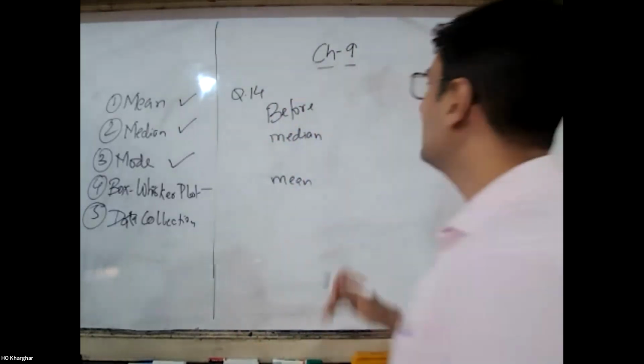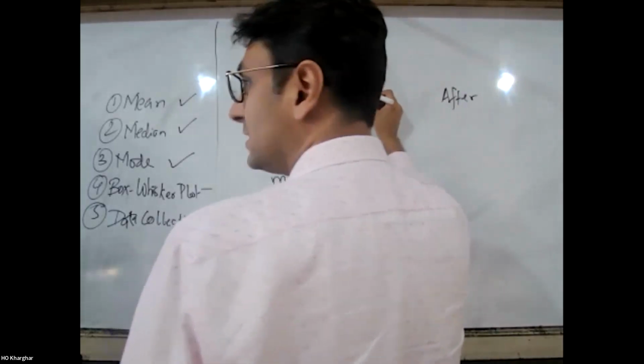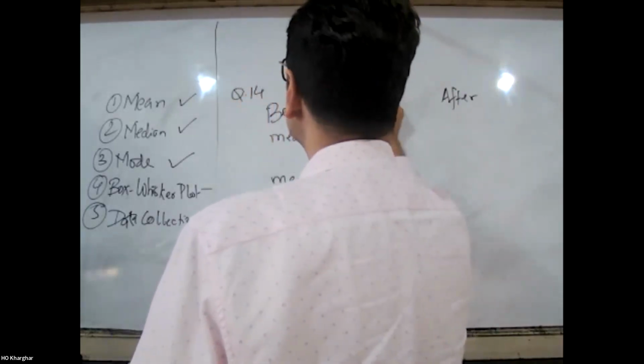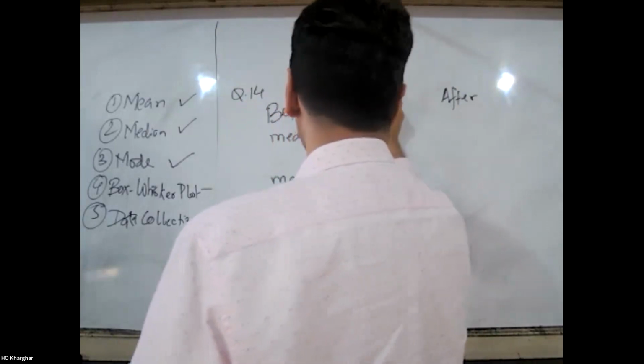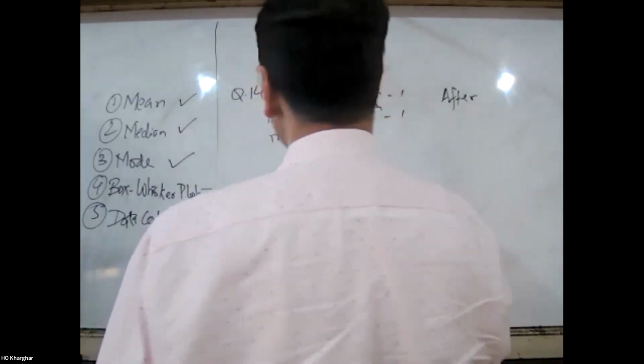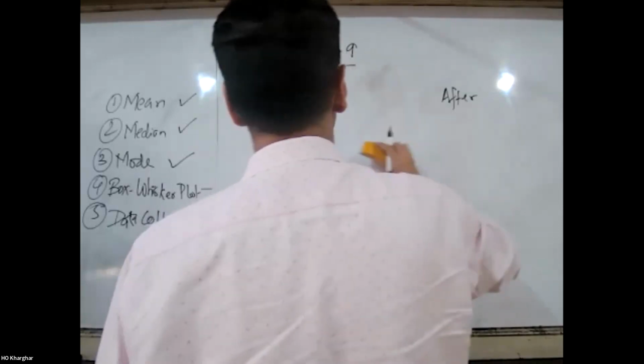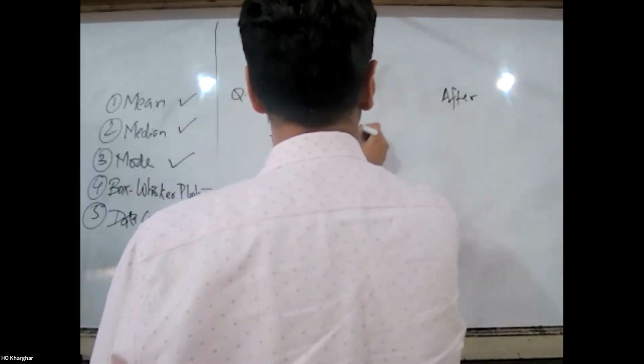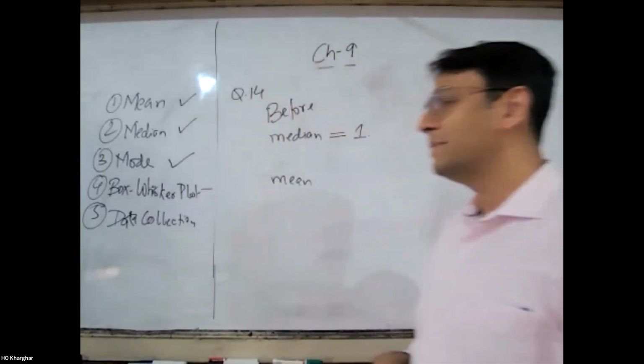You have 3 students with 0 siblings and 6 more students with 1, which means the 6th and 7th students would have 1 sibling each. So the average of the 6th and 7th students' values would be 1. So old median is 1, right?